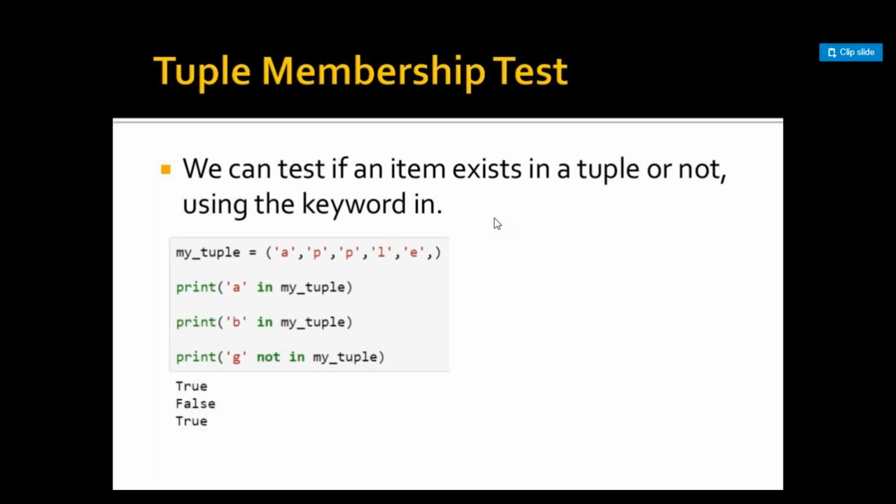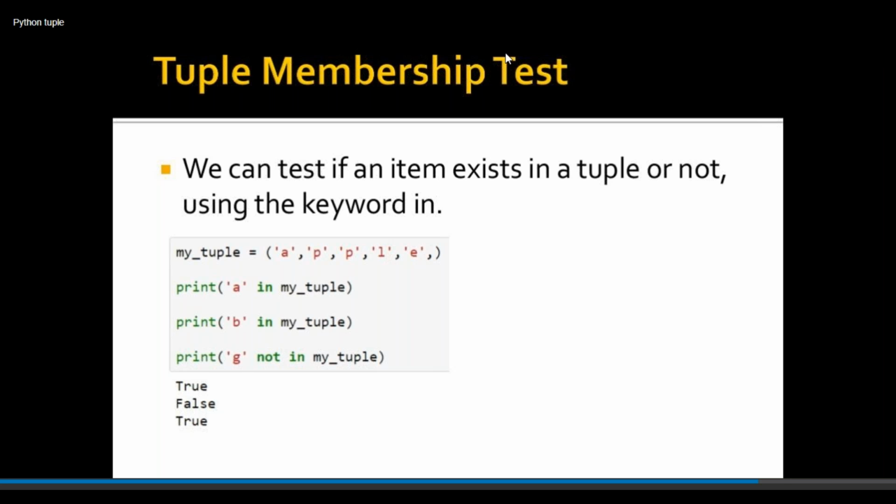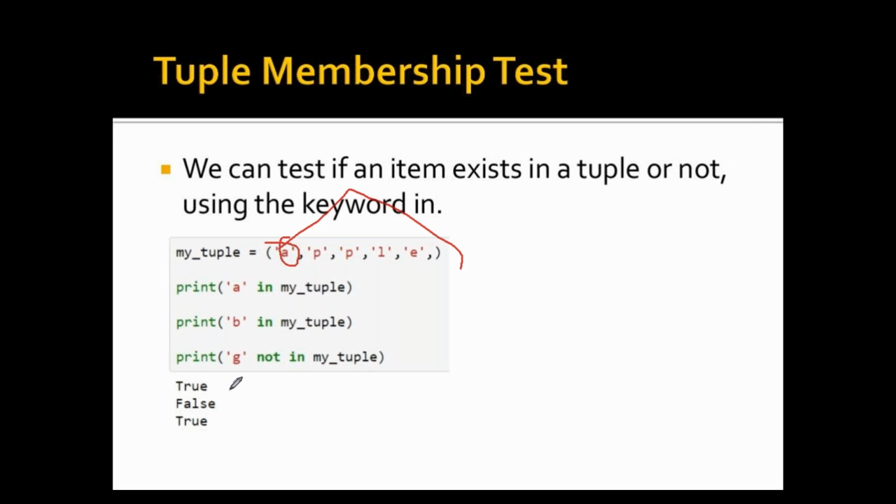Similarly, the membership functions will give you either yes, meaning true, or no, meaning false. Now take my_tuple APPLE. A in my tuple, yes or no? A is available in the given tuple, so true will be displayed on your screen.